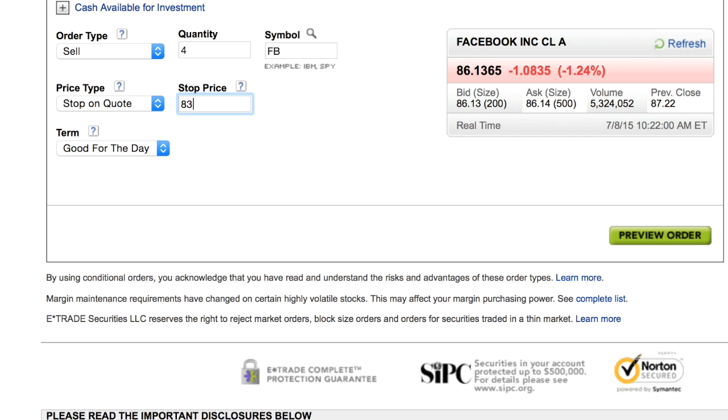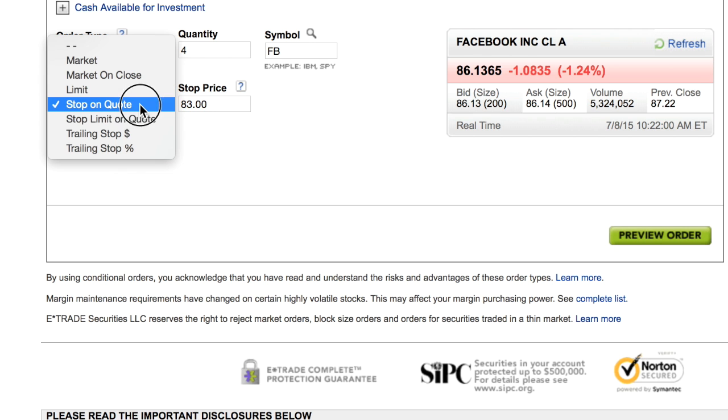When this stock hits $83, get me out as soon as possible. So when Facebook stock hits $83, your order turns into a market order, which means get me out as soon as possible at the best available price I can get at that particular time. That's what a stop on quote is.